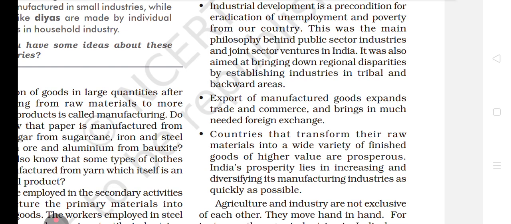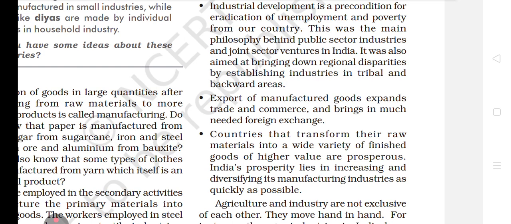Many people who are underemployed, means they have no jobs, they are jobless. And poverty from a country, obviously, if the unemployment rate reduces, poverty will also get reduced from the country. This was the main philosophy behind public sector industries and joint sector ventures in India.